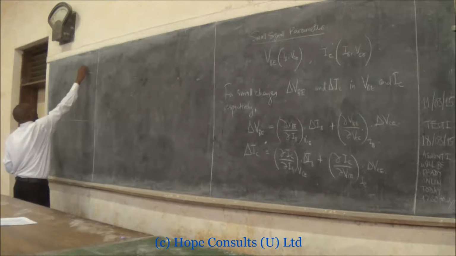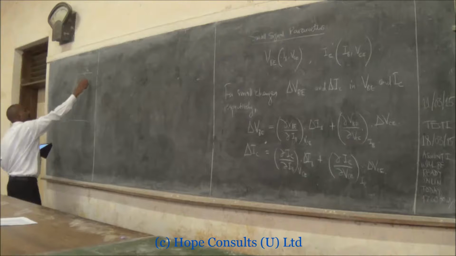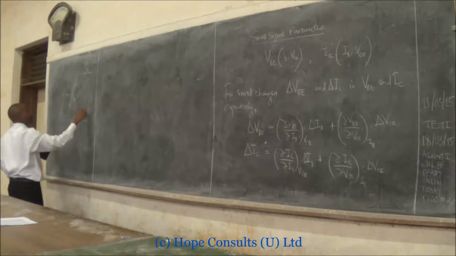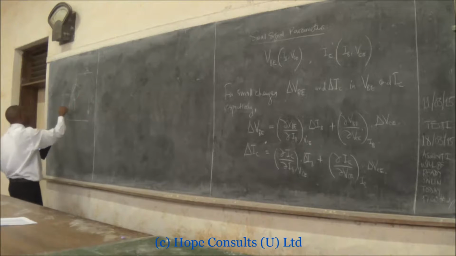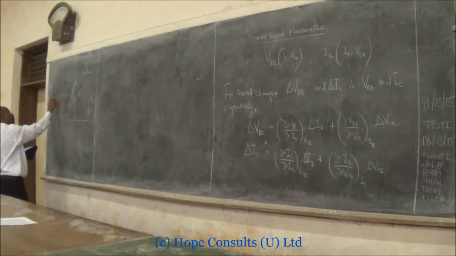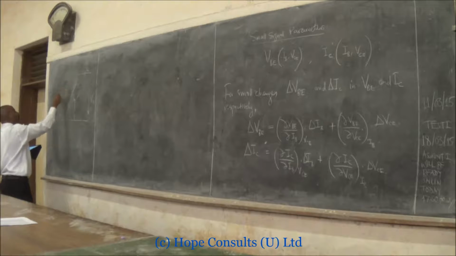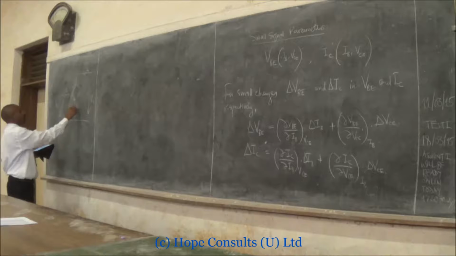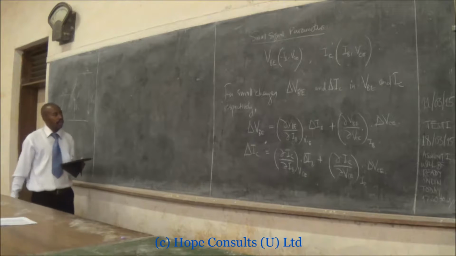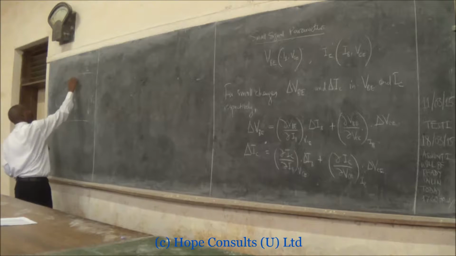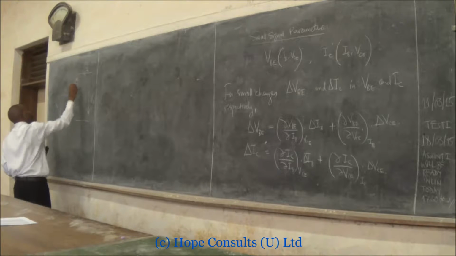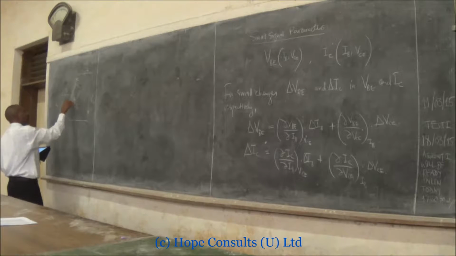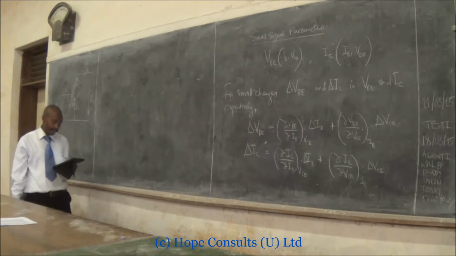We got our IC, we got our VCE, we got our VBE, we got our IB, and we got our IE. And these are our terminals C, terminal E, terminal B for our transistor.